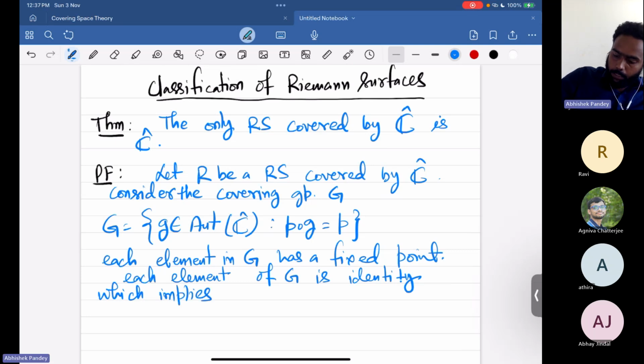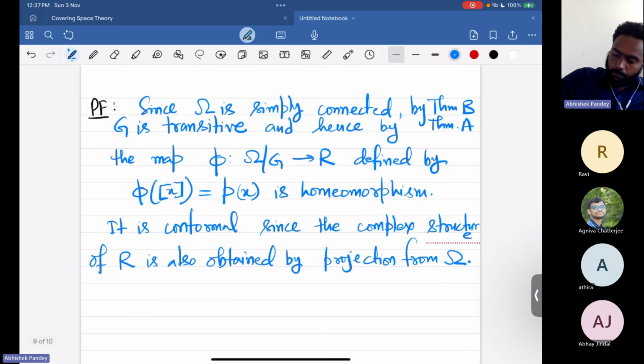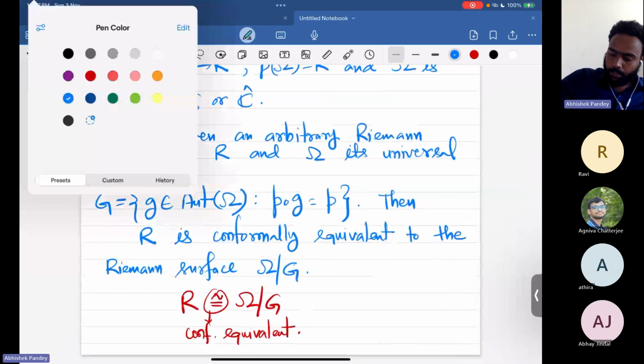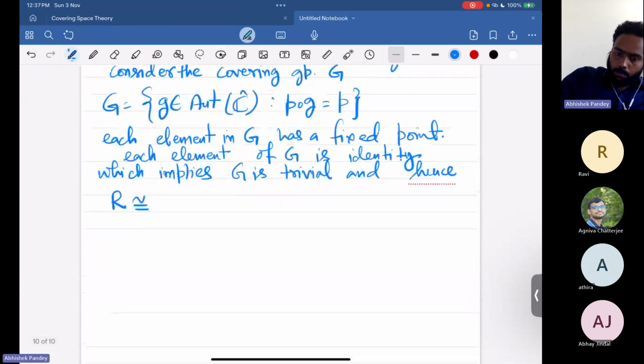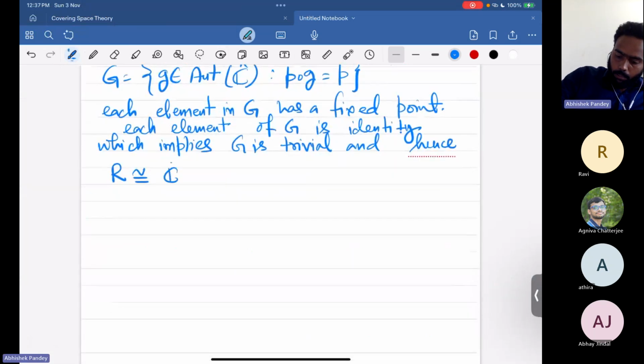It is a singleton set, which implies G is trivial, and hence R is conformally equivalent to, by this theorem, R modulo G, and G is nothing but the identity, so it is basically C hat.